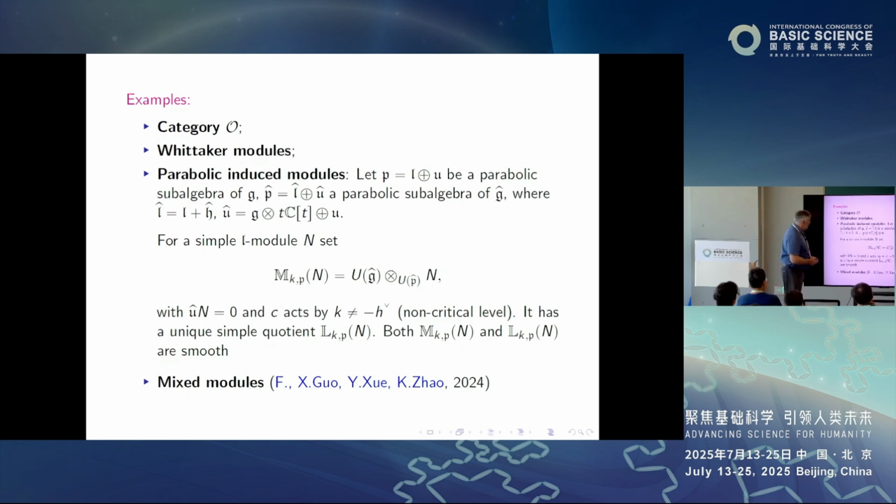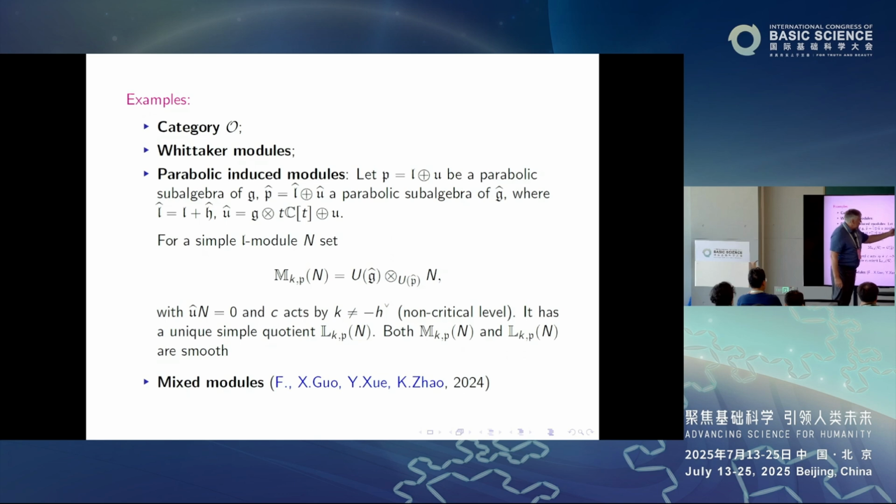Here's the family of smooth modules constructed by parabolic induction. So we start, I will use all the time this little p. It's a parabolic subalgebra of the underlying finite dimensional G. This is a Levi, right?